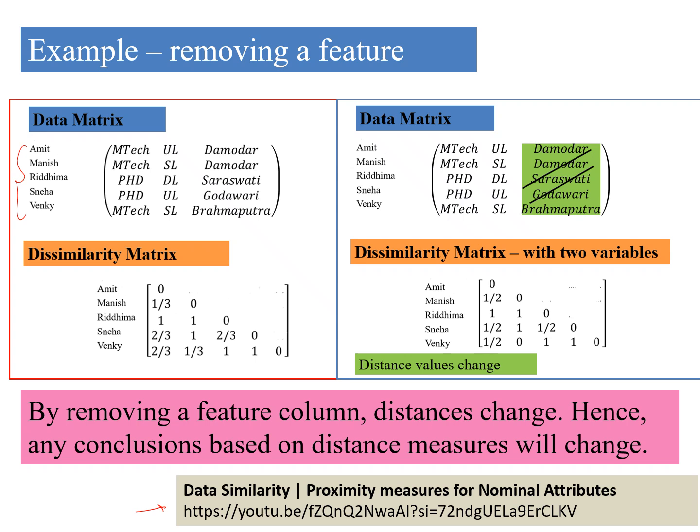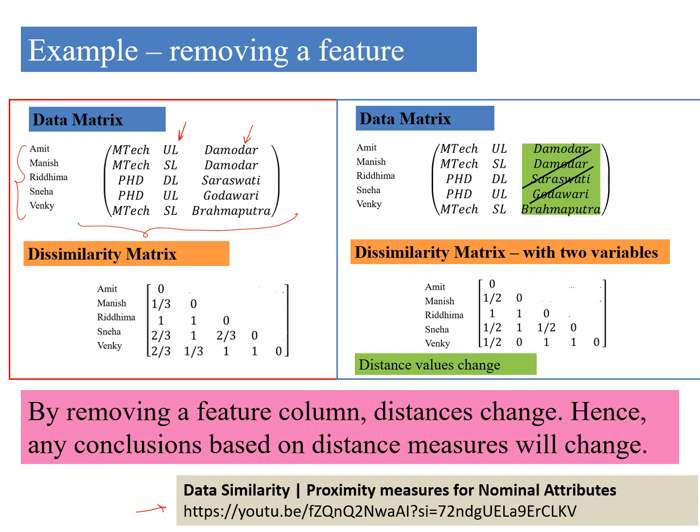This is the program they are enrolled in, these are the elective subjects, and these are the hostels they reside in. In the first block, we have 3 columns for the 5 students. In the second block, we have 2 columns. The third one has been struck off, so we are not considering it; we have removed this column.